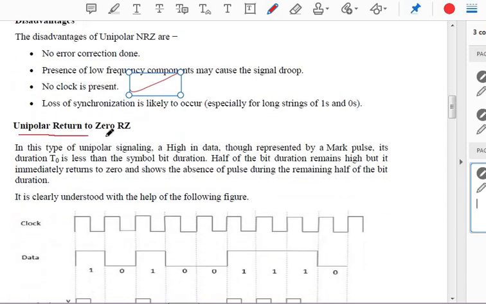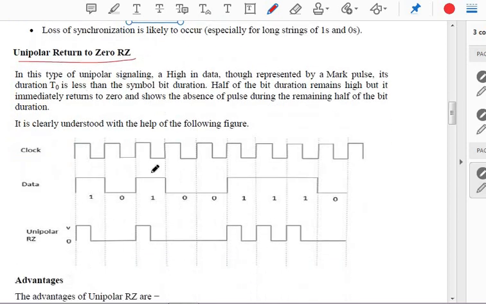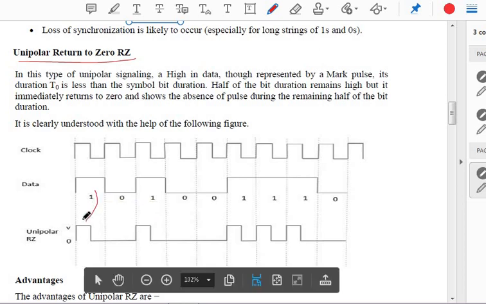Now the second type of coding is unipolar return to 0. In unipolar return to 0, the data 1 is represented by high voltage but for half duration only, and in the next half duration it becomes 0 again. You can see this is the half bit duration TB by 2 and this is the TB by 2, the next half duration.